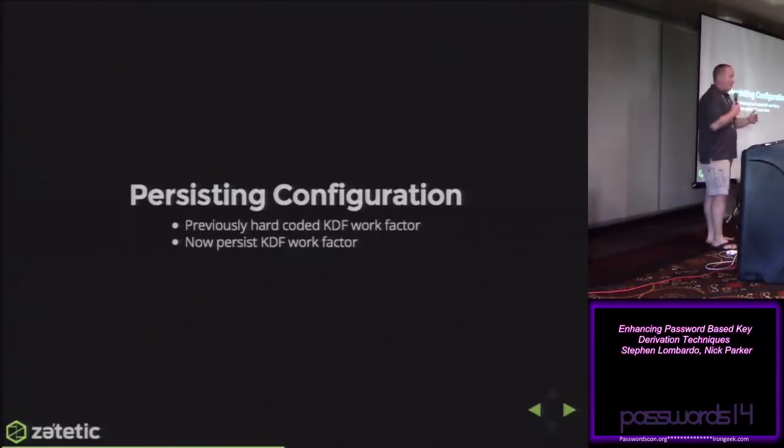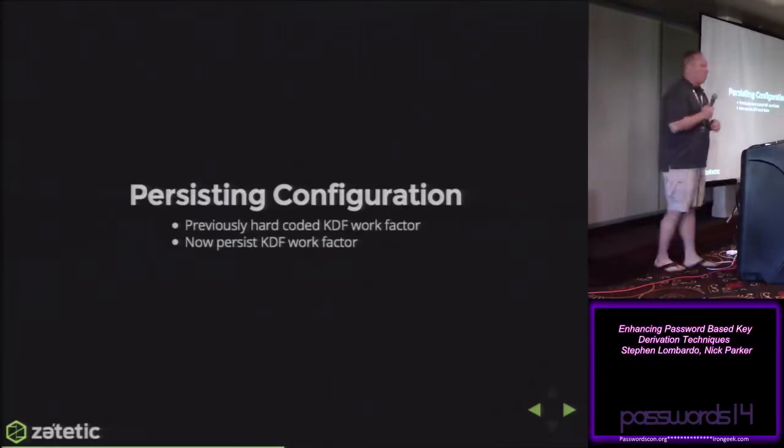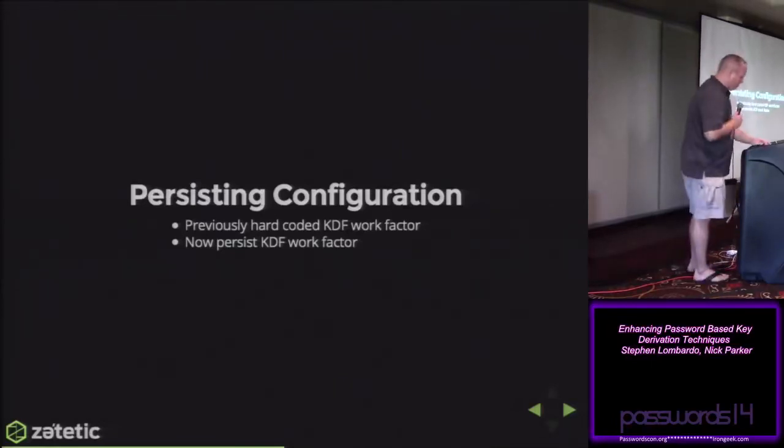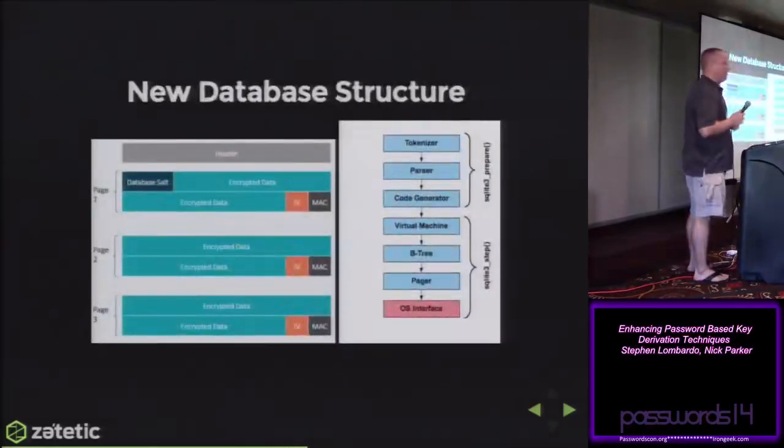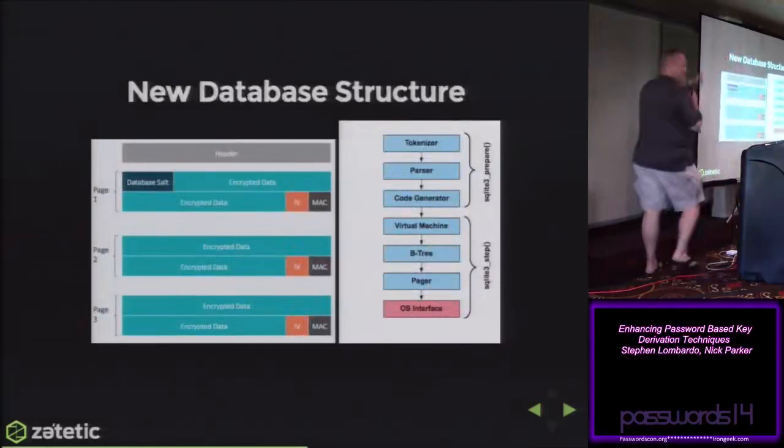But now, any application that consumes this would have to track what that work factor value is in order to be able to access the database again. So persisting the KDF work factor becomes important, and that leads us to our next slide.